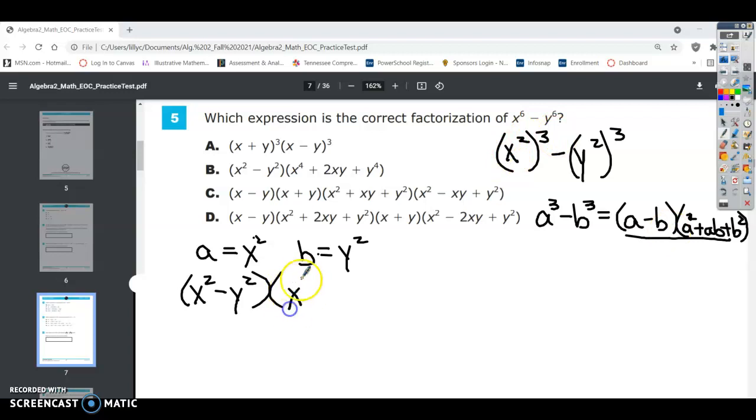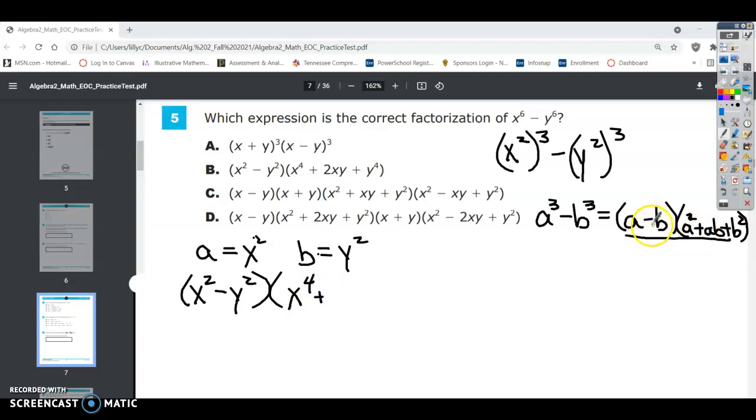We can go ahead and write that as x to the 4th. Okay, so we want the first term squared. Our first term is x squared, so if we square that, that's where the x to the 4th comes from.